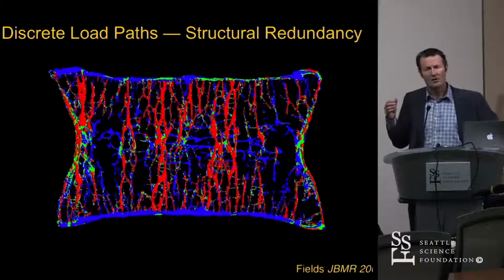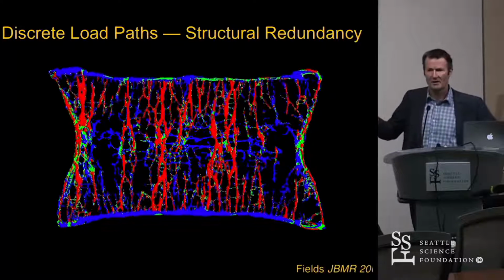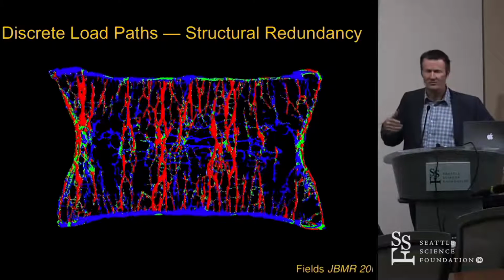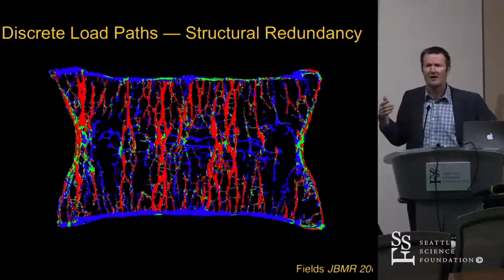We call that structural redundancy in engineering: you have multiple pathways, so that if any one path fails, the system can continue to function well. Your computers and all the engineering structures around you have structural redundancy built into them. So we think osteoporosis is the point where the bone loses so much bone mass that you have a very small number of load pathways through a vertebra.